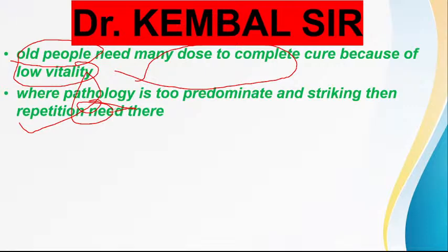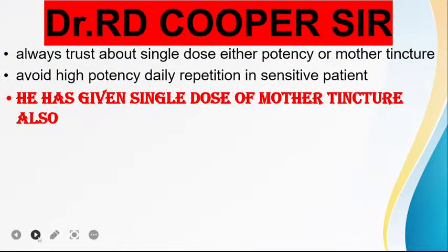If you are prescribing Condurango on that pathological indication, then we have to repeat the medicine. We cannot just give a single dose and keep the patient on placebo. Whenever we prescribe on the pathological indication, there is a need for repetition. This was the experience of Dr. Campbell sir. Now we will talk about the experience of Dr. Cooper sir.